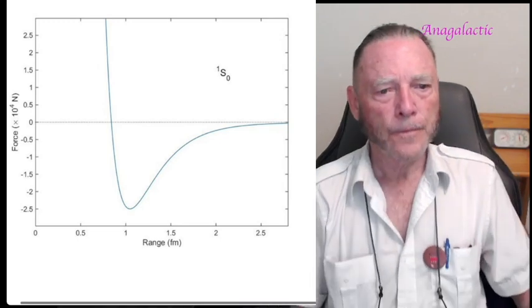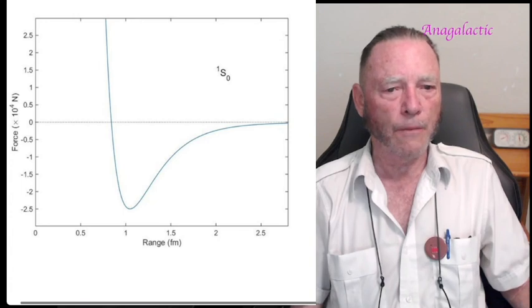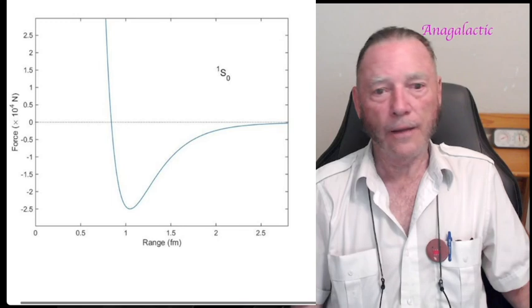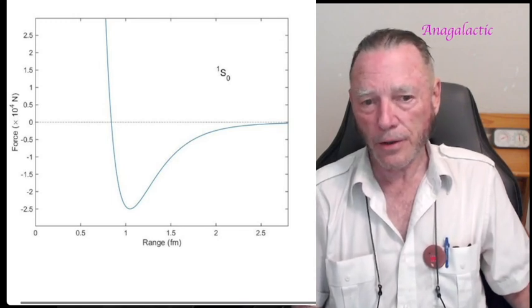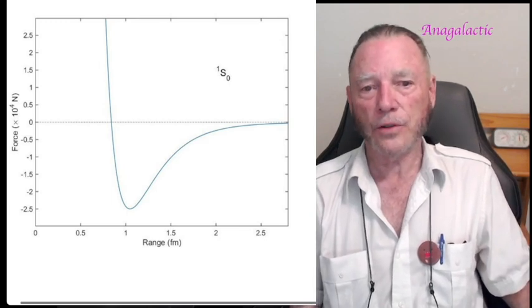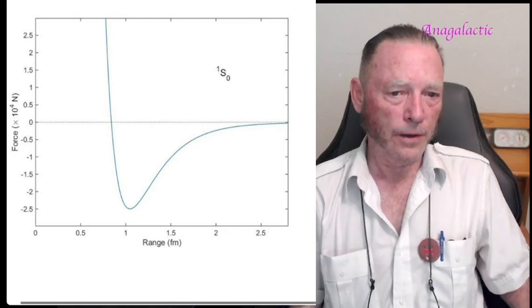So, what you're seeing here is the transition from the space domain to the energy domain. And that is the correct formulation of space-time, which now you see is not space-time. That's the derivative formulation.